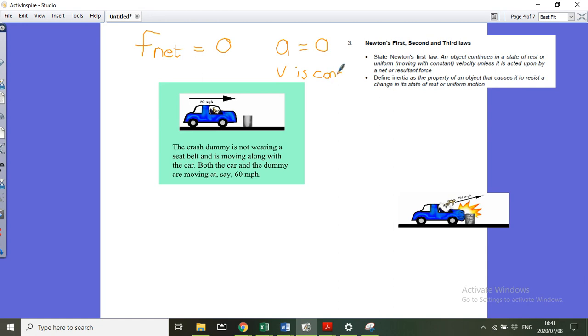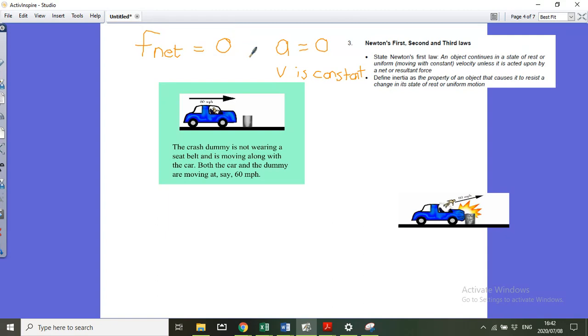Please, those 3 things always go together. If you see constant velocity, immediately think for yourself, there's no acceleration, no net force. And if you say no acceleration, velocity must be constant, no net force. The three facts must lead you to each other always.